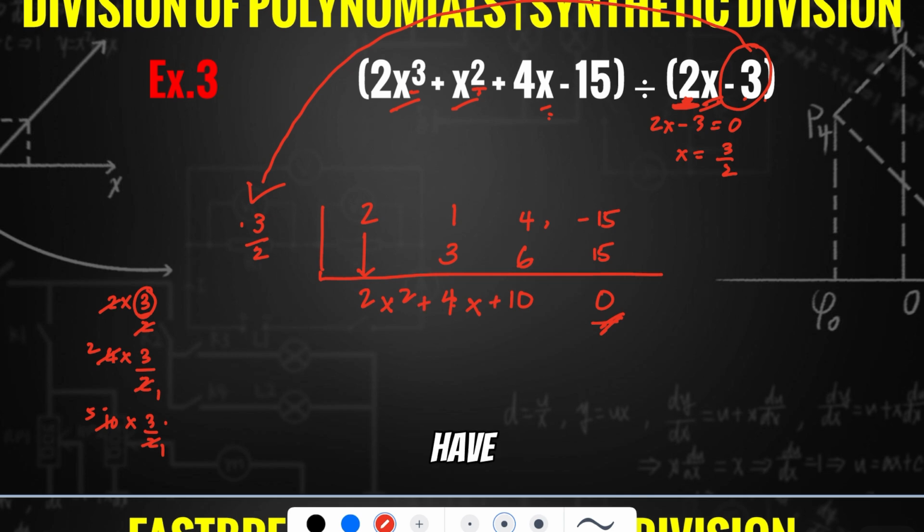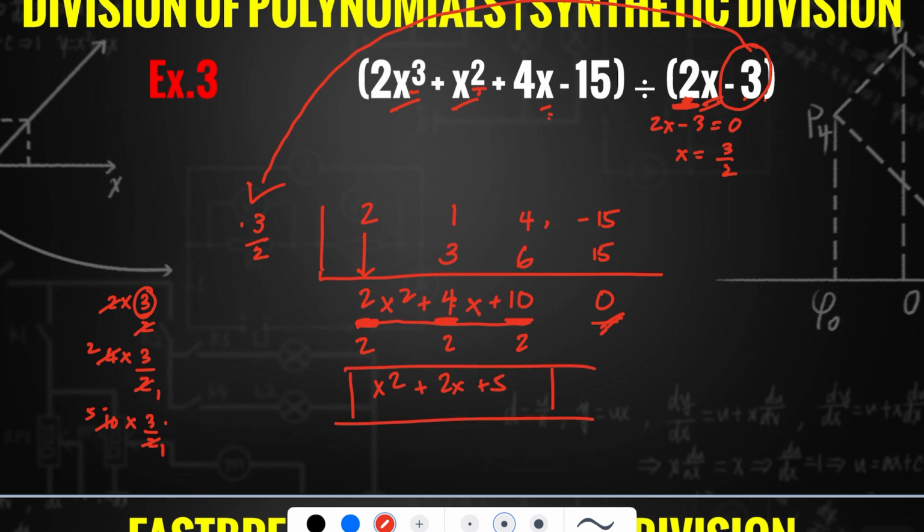Okay, so you have 2x squared plus 4x plus 10. But take note, what do you notice here? They're all divisible by 2. Okay, if you divide them by 2, you have x squared plus 2x plus 5. And that's your final answer.